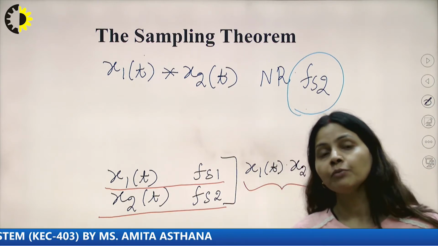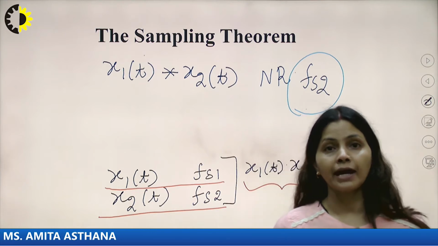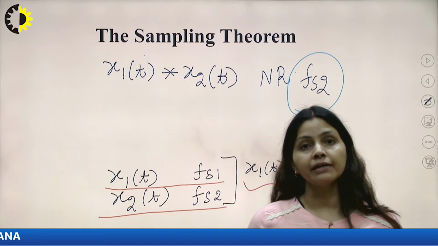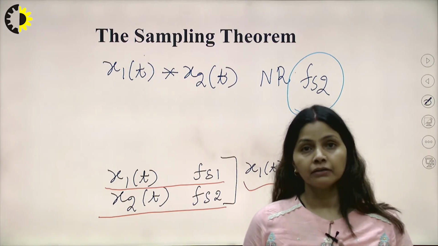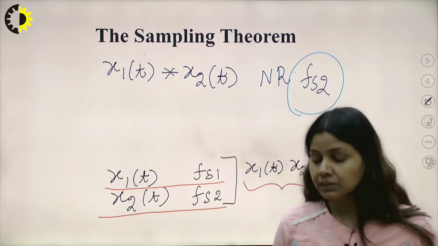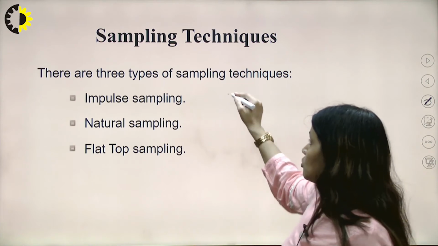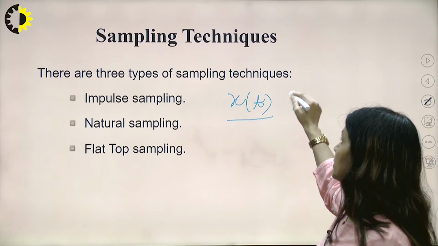And sampling we perform only for a band limited signal. A band limited signal is a signal whose spectrum is limited in a finite band, and outside of that it is 0. That means the signal for which we are going to perform the sampling, this x(t), must always be band limited.